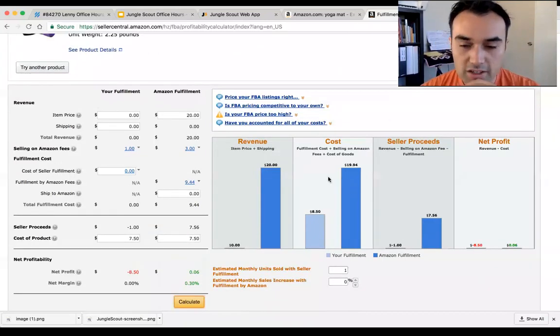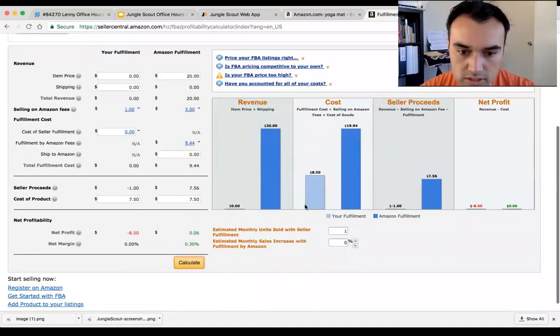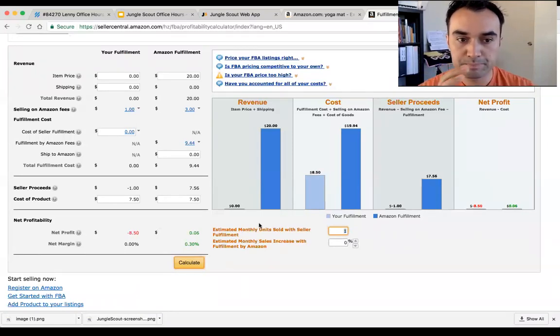And actually, yeah, this is quite interesting as well. It's been a while since I've used this one. But yeah, actually, this does some cool forecasting to give you the difference between selling by yourself and selling on Amazon.